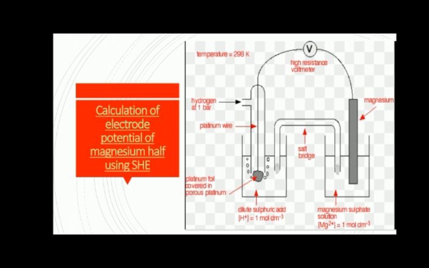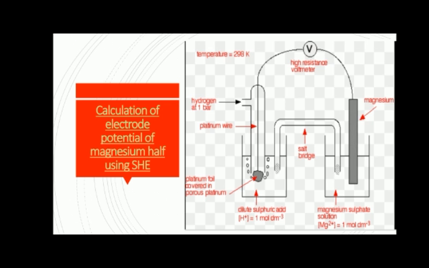Now, the calculation of the electrode potential of any half cell, for example the magnesium half cell, can be done using the standard hydrogen electrode or SHE. Since we know now that the SHE electrode potential is arbitrarily taken as 0, whatever other half cell is connected to this, its electrode potential can be calculated.